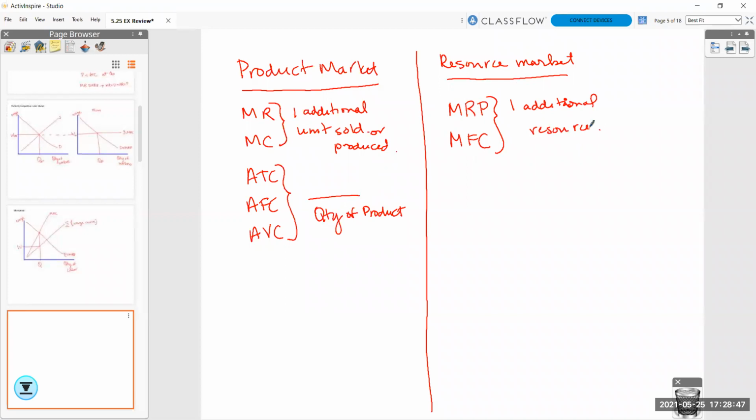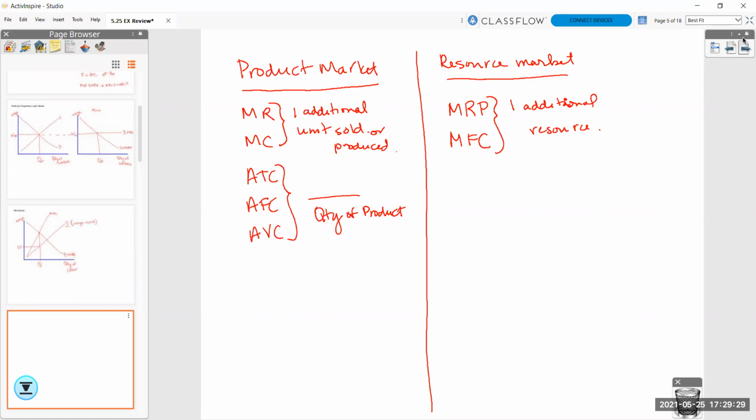How much revenue is generated when I hire one more worker? Or how much revenue is generated when I hire, buy, or rent one machine? How much does my cost for this resource change when I hire one more of it? So you cannot interchange marginal revenue with marginal revenue product, because one is about the resource I'm hiring while the other is about the unit that I'm about to sell. So we have to be careful there.